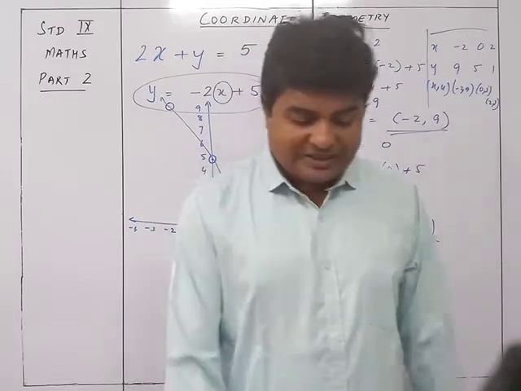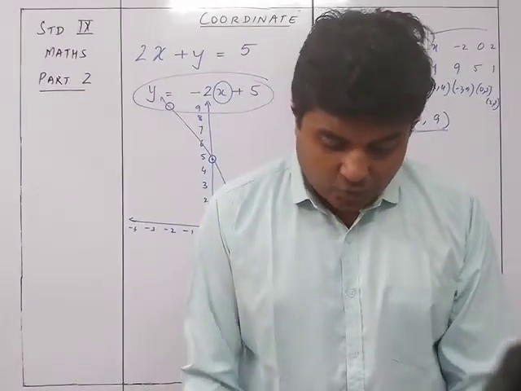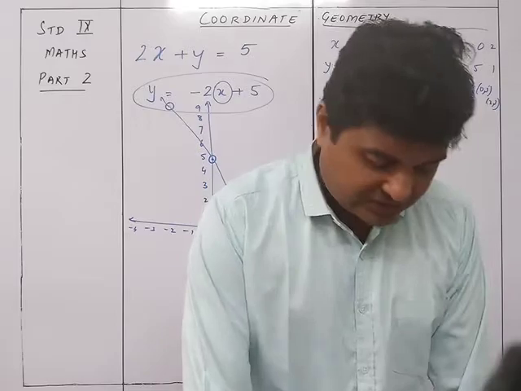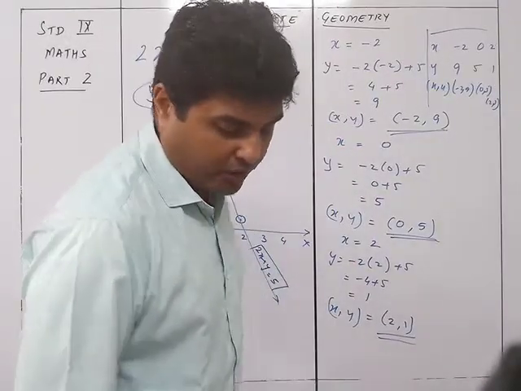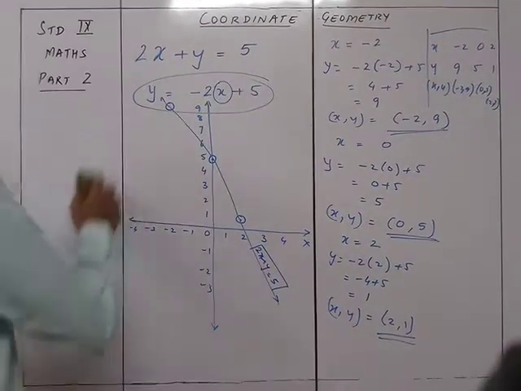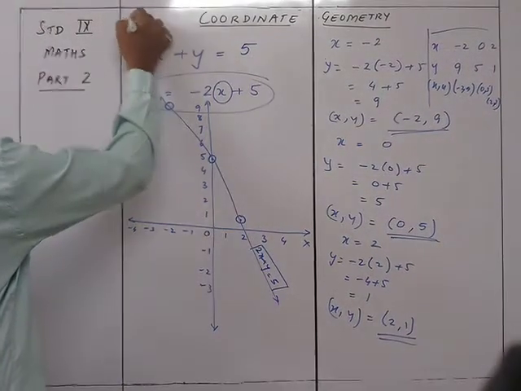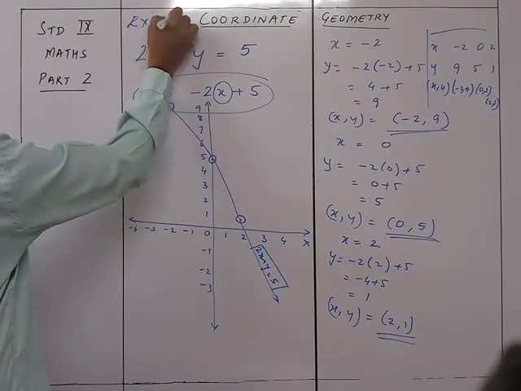Okay, so we'll start with exercise 19.2 now. So there are 7 questions in 19.2. So let's go one by one to the sums of exercise 19.2.